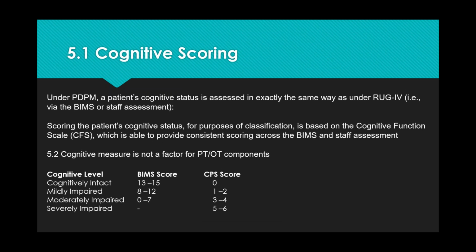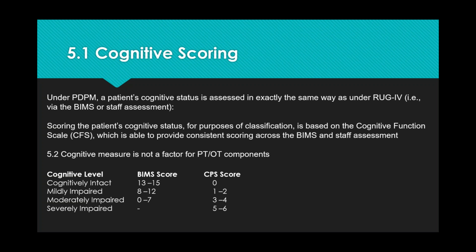Cognitive scoring. So there is a cognitive scoring component factored into PDPM. And the patient's cognitive status will be assessed in exactly the same way as it was under the RUG system. It'll be assessed via the BIMS or a staff assessment.